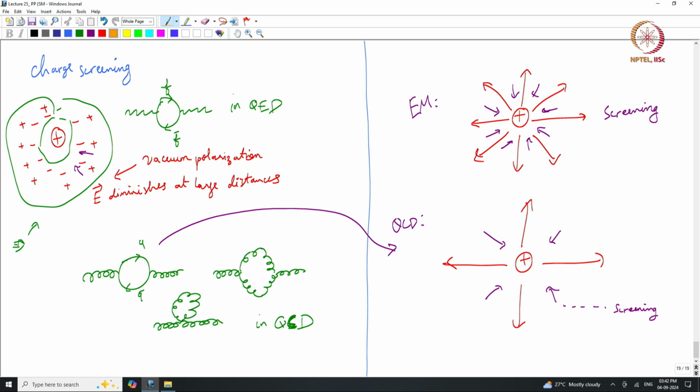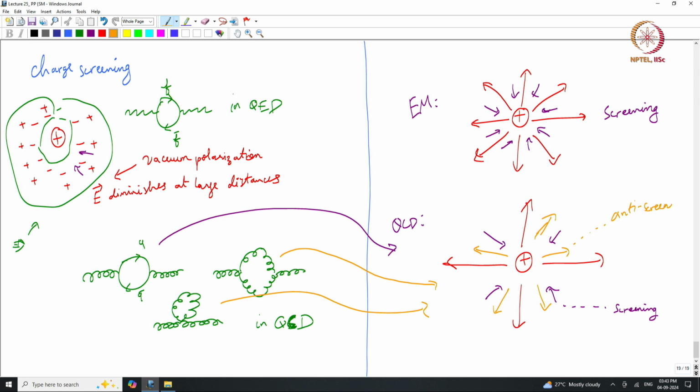Even when I'm splitting a gluon, I'm getting two gluons out of one gluon, correct? In other words, since the gluons themselves carry a color charge, the effect of the vacuum polarization from the gluon vertices, which I'm going to draw in orange, is to enhance the field. See, the orange and the red add up here, right? So this is anti-screening.